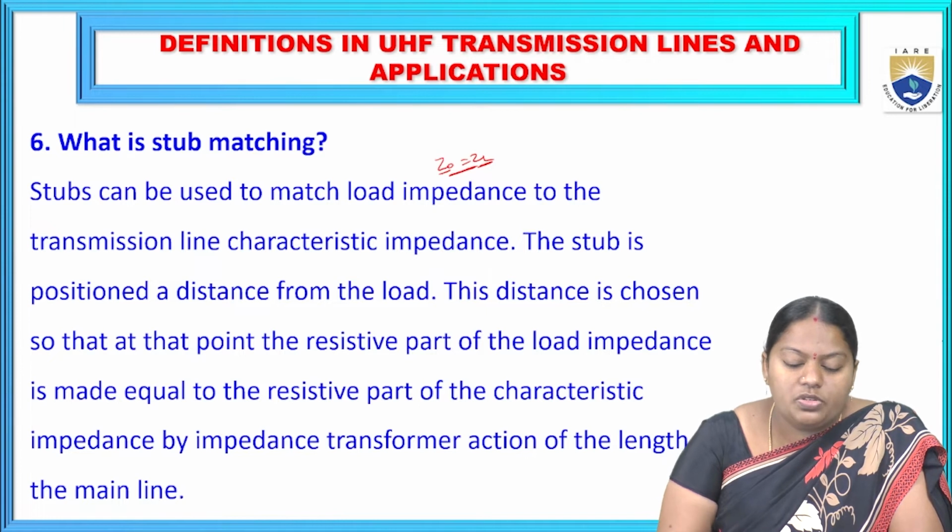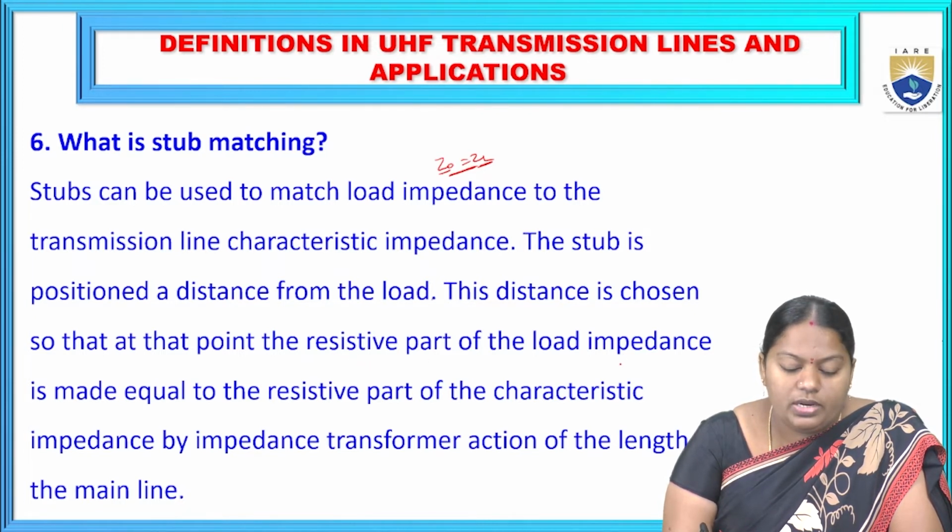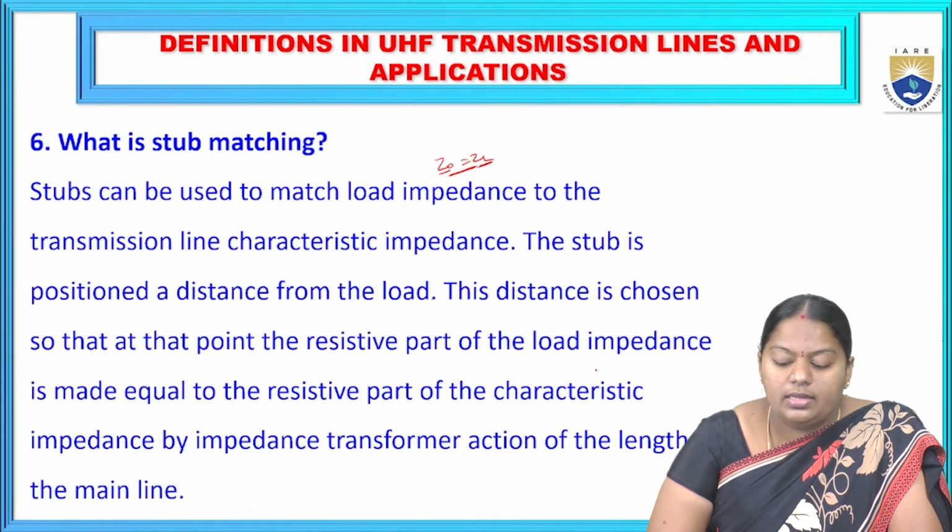The stub is positioned at a distance from the load, and this distance is chosen so that at that particular point, the resistive part of the load impedance is made equal to the resistive part of the characteristic impedance, by the impedance transformer action of the length of the main line. This is said to be stub matching.